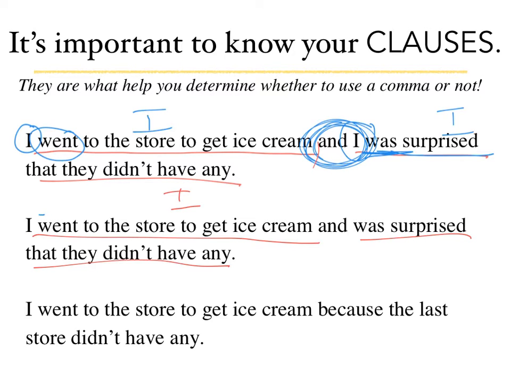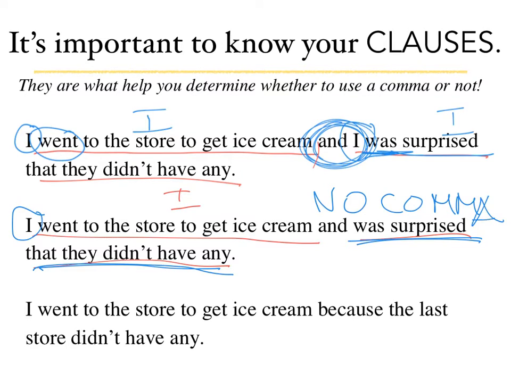So the I at the beginning of the sentence is applied to this second part as well, because this part does not have a subject. And so in that, I was surprised that they didn't have any. Here, you don't have two independent clauses being linked, and therefore there's no comma, even though you've got your fanboys conjunction and.